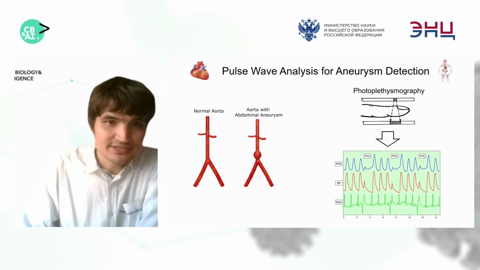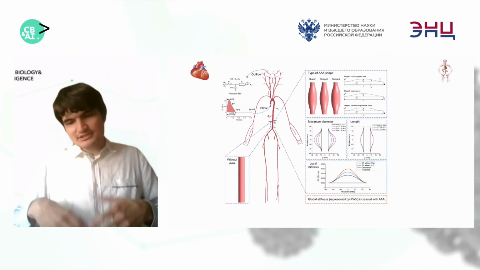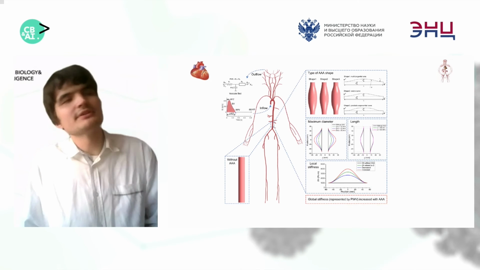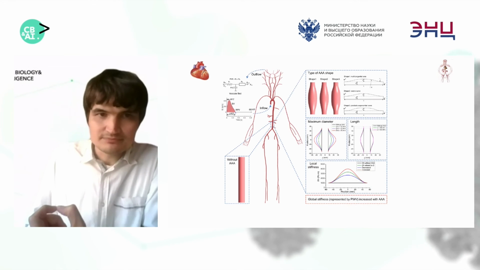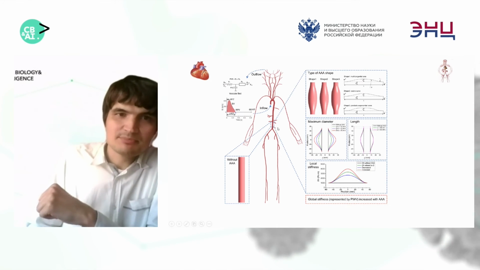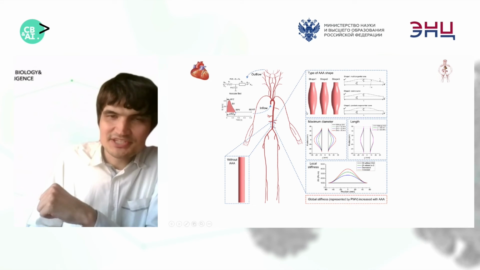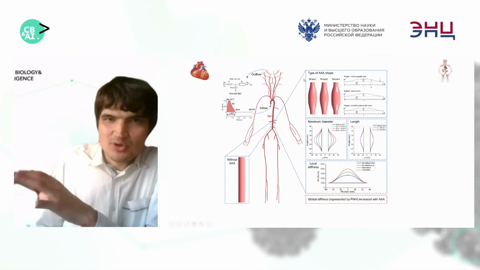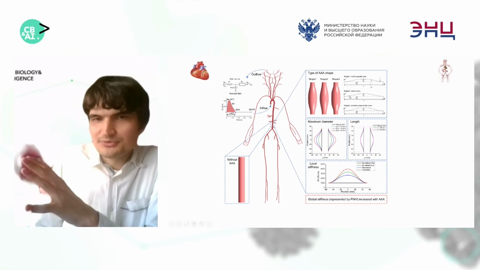So in this particular case, you can generate a similar virtual population, but also some subjects of this virtual population will have synthetic aneurysm, small aneurysm or big aneurysm.